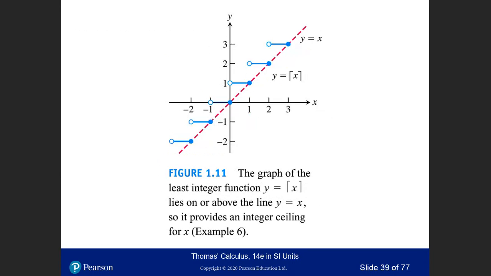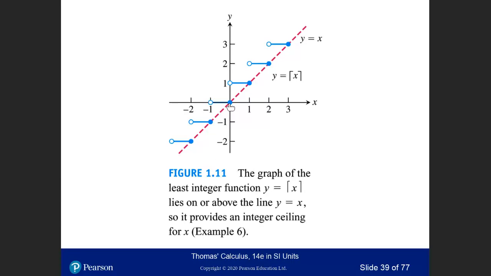Okay, this is the graph of the least integer function. When x is between -1 and 0, the least integer is 0, which is greater than x. So that's how you go.